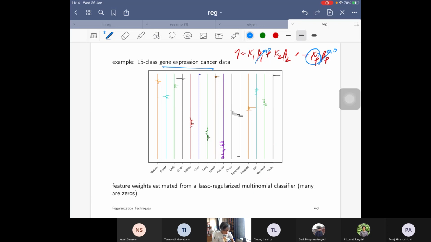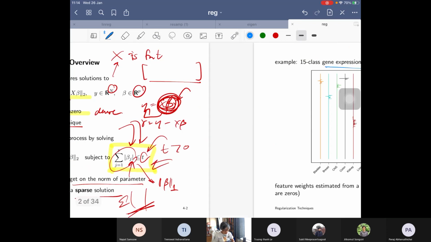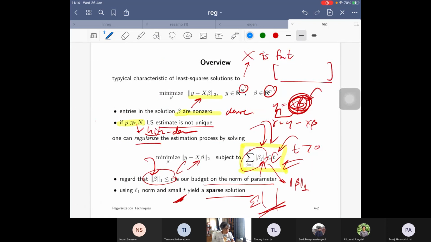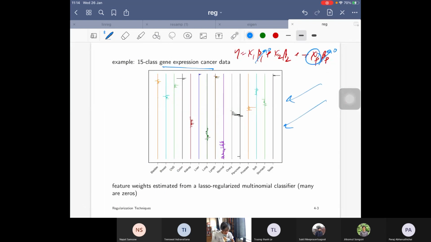In this high dimensional setting, this kind of regularization process is applicable.